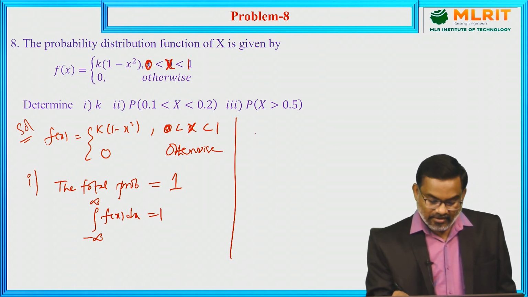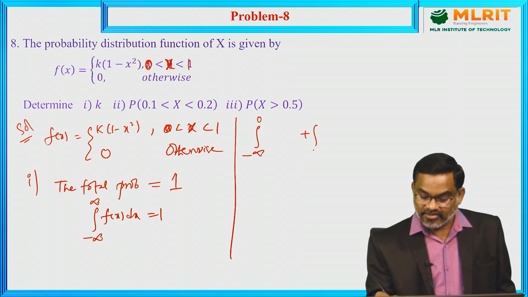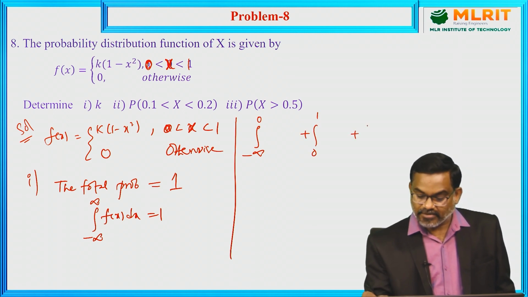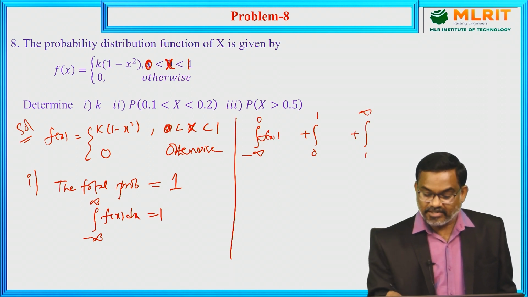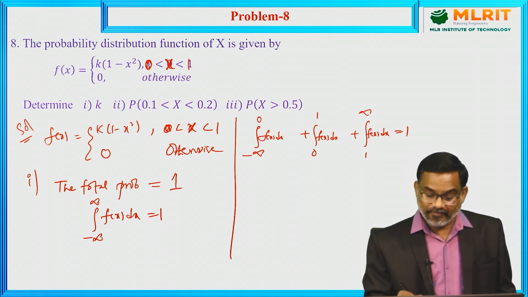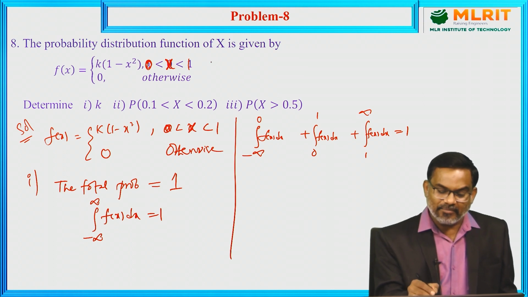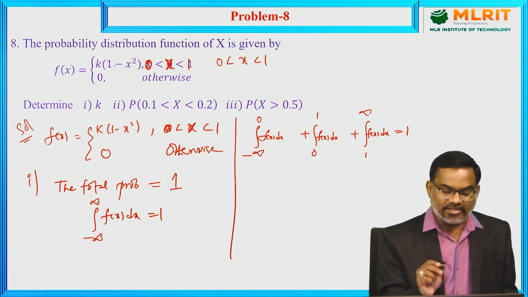So, we need to split this integration into 3 parts: minus infinity to 0, plus 0 to 1, plus 1 to infinity of f of x dx. This is equal to 1. Now, from minus infinity to 0, otherwise only between 0 and 1 the function exists.